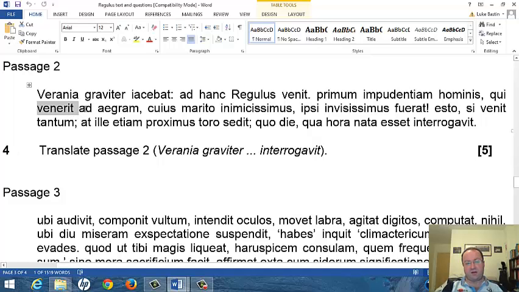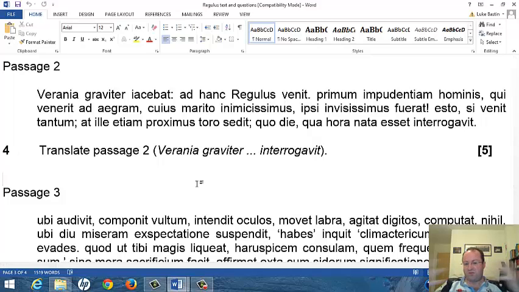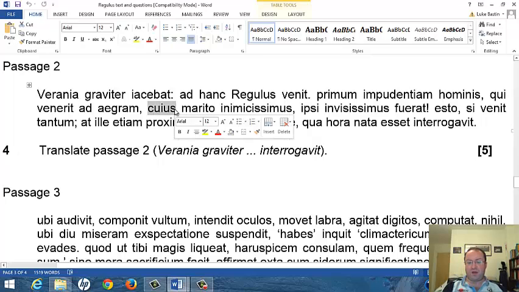Okay, so ad aegram. Aeger means somebody who's sick. So to the sick woman, notice how aegram is feminine. So again, that's all referring back to Verania. All of the adjectives here will either be referring to Regulus if they're masculine or Verania if they're feminine, because there are 2 kinds of people in this story. Okay, that's all you need to know in terms of agreements and antecedents and things. Okay, cuius is genitive. Okay, that could be masculine or feminine.